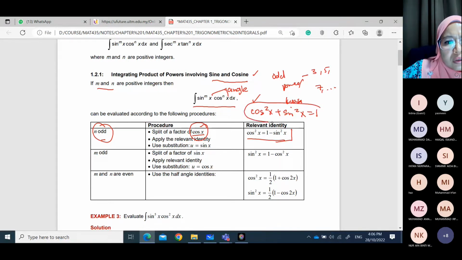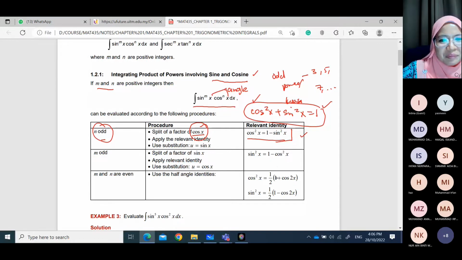So yang ini you harus ingat. You harus faham yang ini. Okay, so kalau nak cari cosine dah senang sebab you tahu yang ini. You just pindahkan sin kuasa 2 ke sebelah sana. Dan you akan dapat identity yang inilah. Begitu juga dengan sin square x kat sini. Dia daripada identity yang ini. Faham setakat ni?